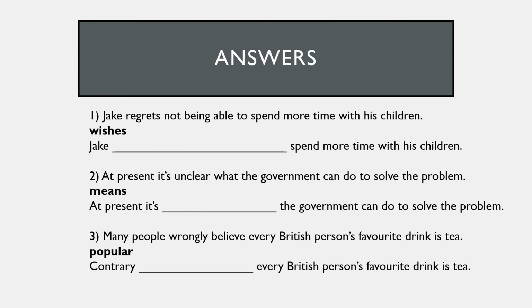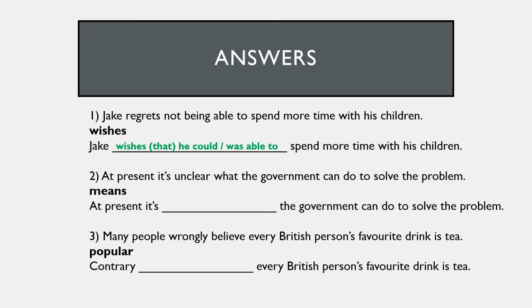Okay, so do you have the answers to all the questions? Then let's check them. Firstly, question 1. The key word you were given is wishes. What you need to recognize here is that we can use the verb to wish to express regret.